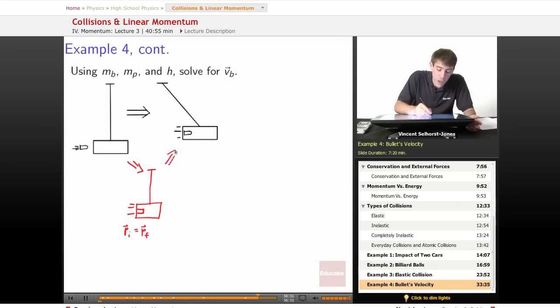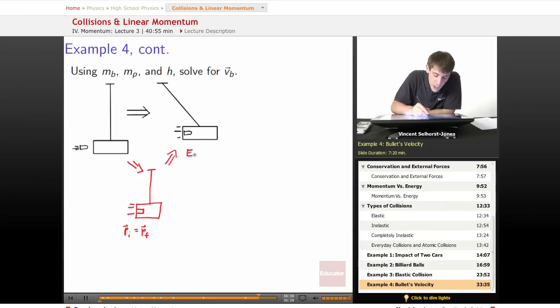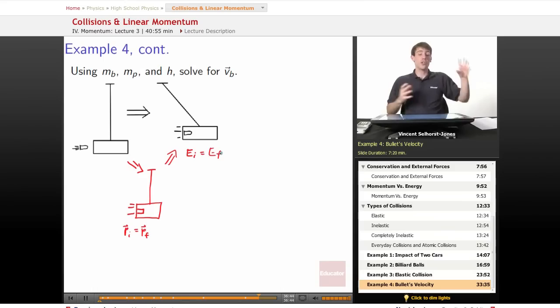Then from here, once it's swinging up, there's no impact occurring, there's no more collisions, it's just a basic pendulum rod going up, which we can then do as energy. And then from here, energy initial will be equal to energy final. So we're able to break this into 2 pieces. The momentum is going to be conserved for just the collision, and then after the collision, energy will be conserved. So we break it into 2 pieces beforehand and afterwards.